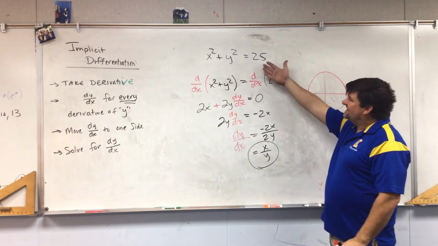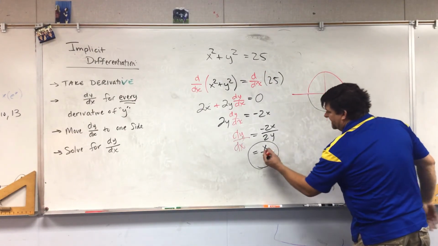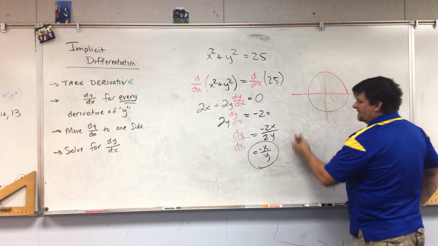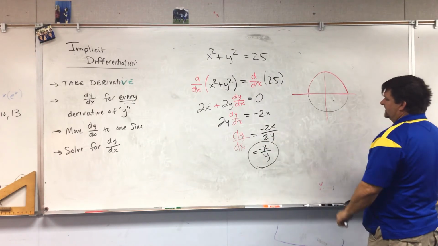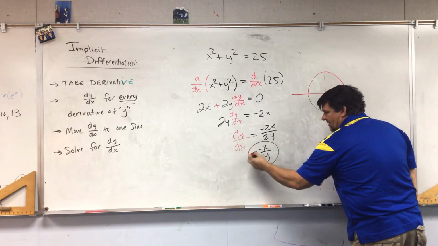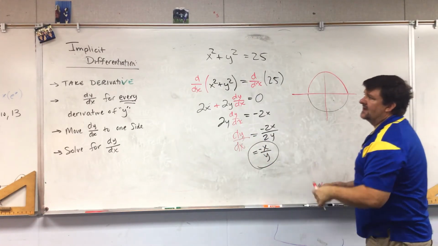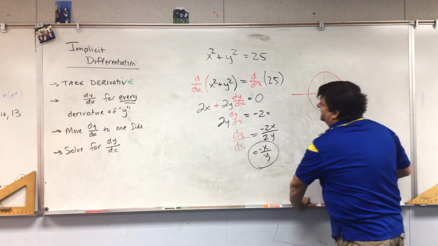Which makes sense. I got to have both points on this. So I will find my slope. This derivative will find my slope anywhere in the hidden functions. That's the idea behind implicit differentiation.